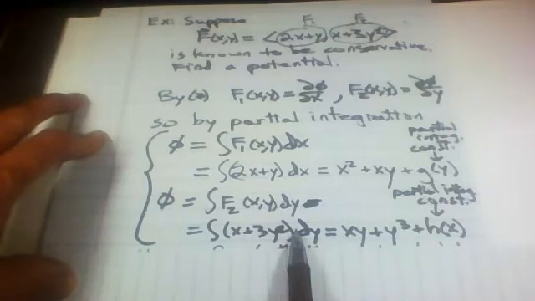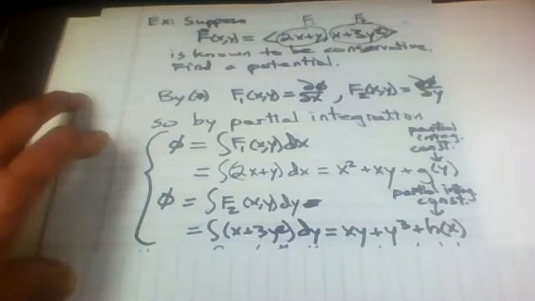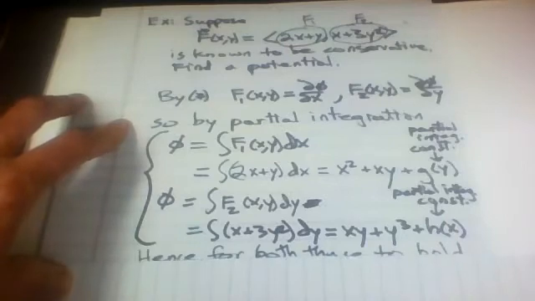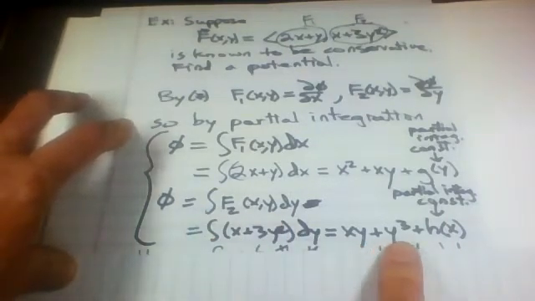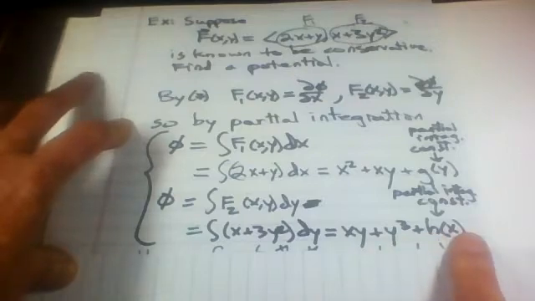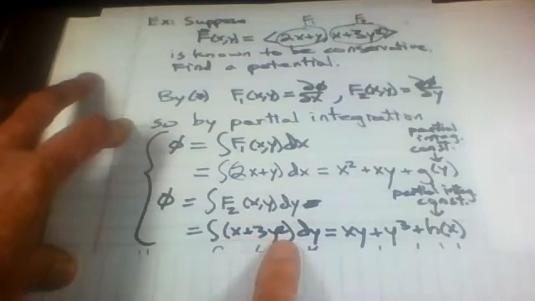The integral of 3y squared with respect to y is y cubed, because y is the variable. And then the arbitrary constant of integration there is an arbitrary function of x, because I'm treating x as a constant within the partial integration. So here's the most general expression: integrating the second component with respect to y gives xy plus y cubed plus an arbitrary function of x. Those are all functions whose partial derivative with respect to y is x plus 3y squared.